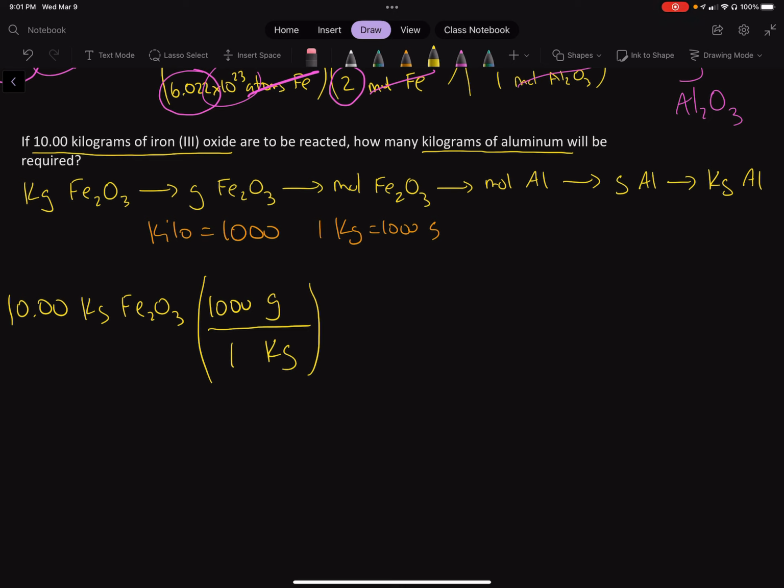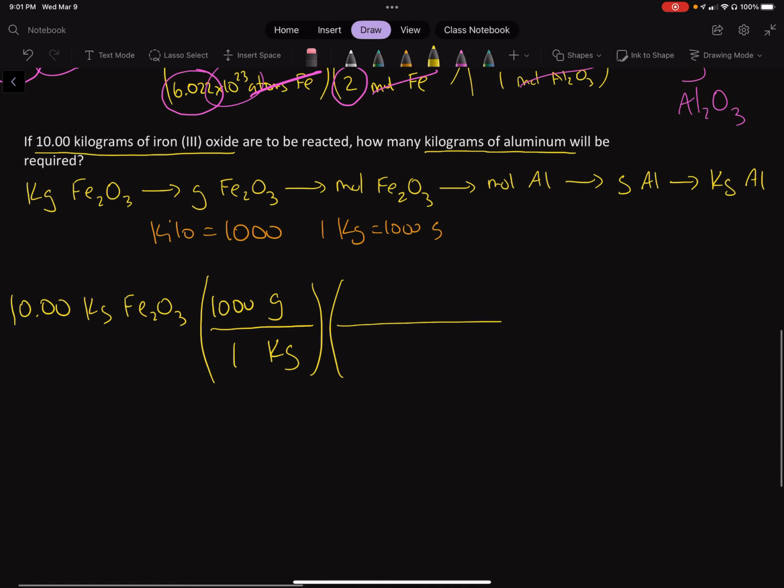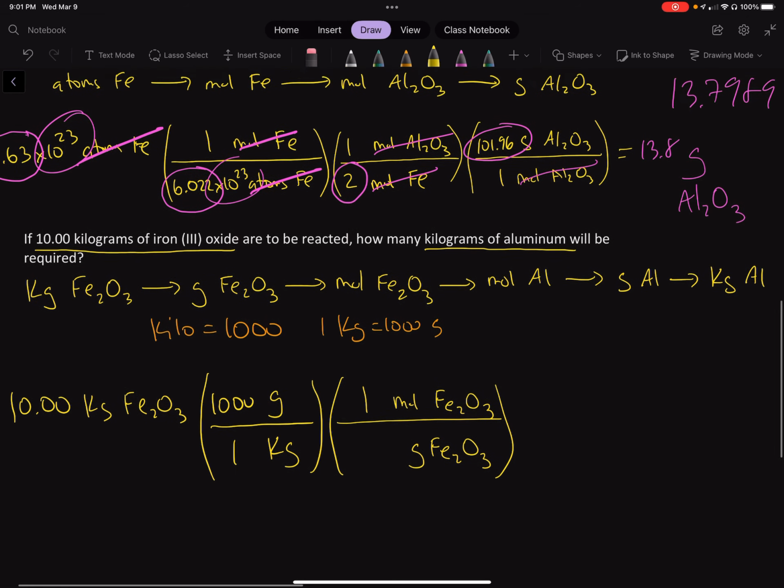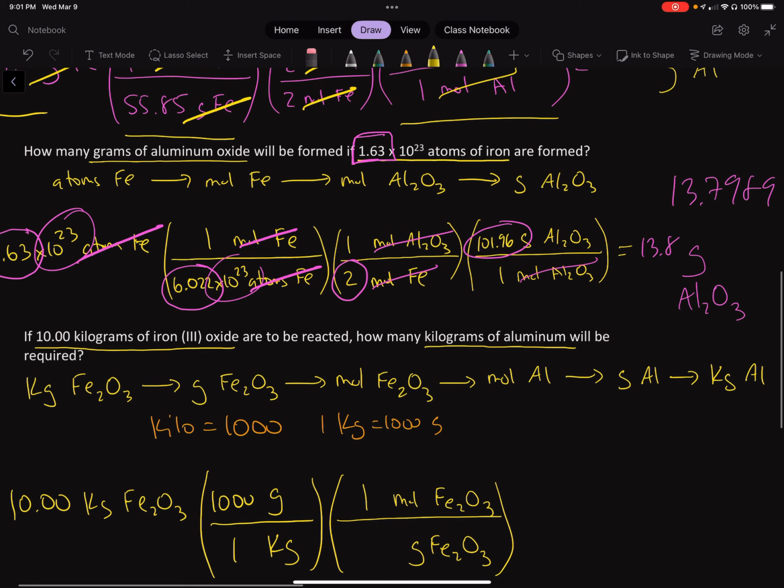Okay, next we want to go from grams to moles. So on the bottom, I'll have grams of iron oxide, and on the top, 1 mole of iron oxide. So we need the molar mass of iron oxide, and I think we've calculated that once before already.